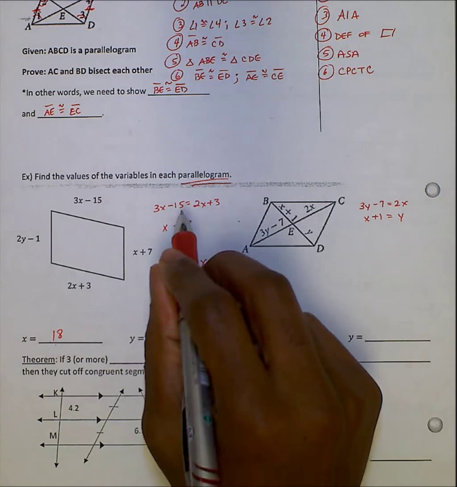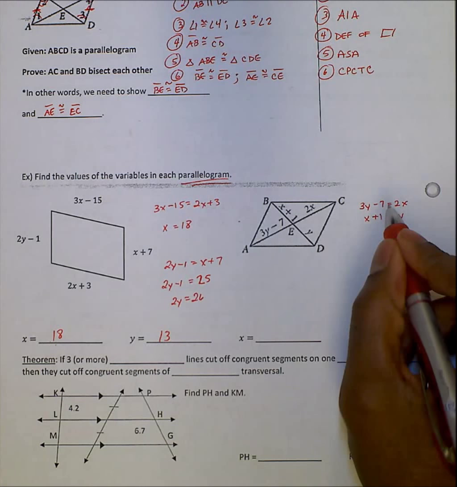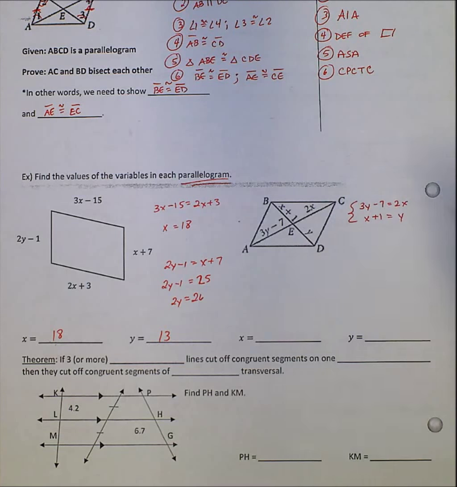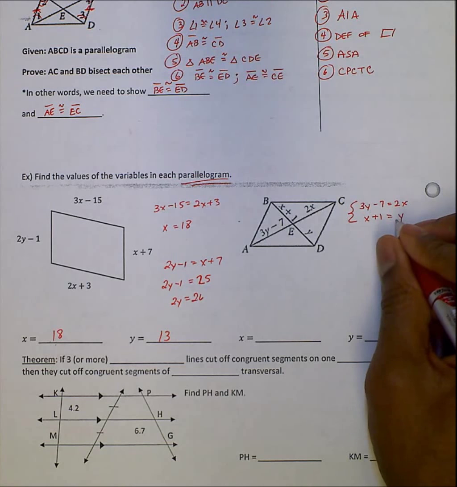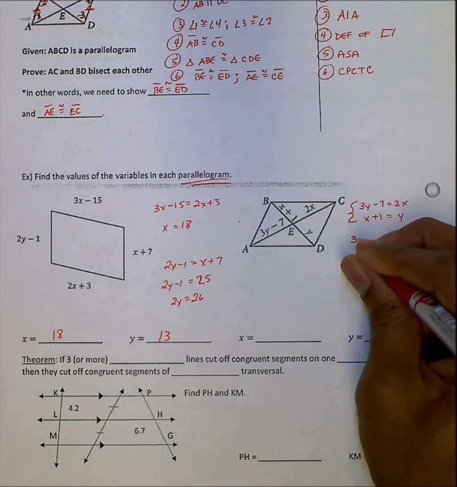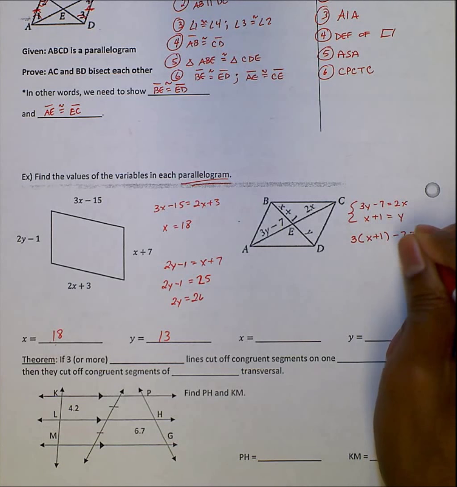Now, this last problem was nice because we could solve for x. This one, we can't solve either equation individually, but we can solve it as a system. We just need to use substitution. I know that y is the same as x plus 1. So in my first equation, instead of 3y, I'm going to say 3 times x plus 1, minus 7 equals 2x.